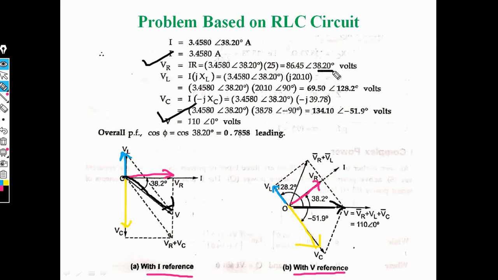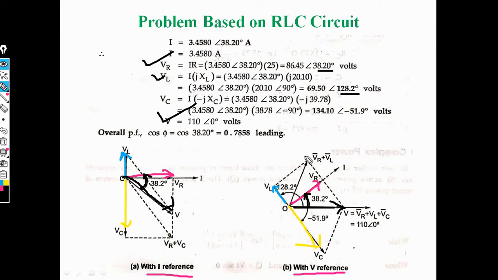Angle is 38.20. Now the voltage VR is here. The angle of voltage VR is 38.20 here. Same for voltage phasor, angle is 38.2 degree. This is for VR. Then VL angle is 120. Okay.